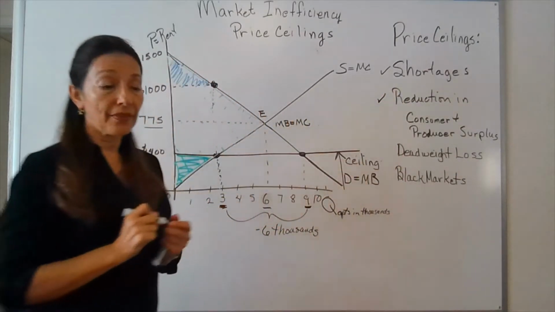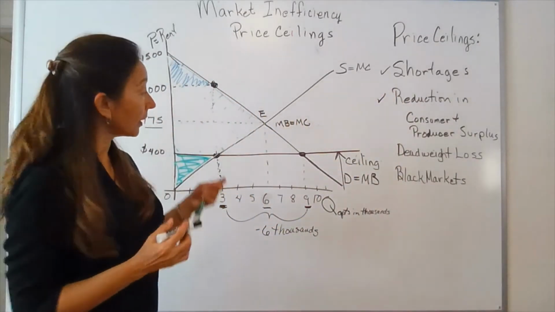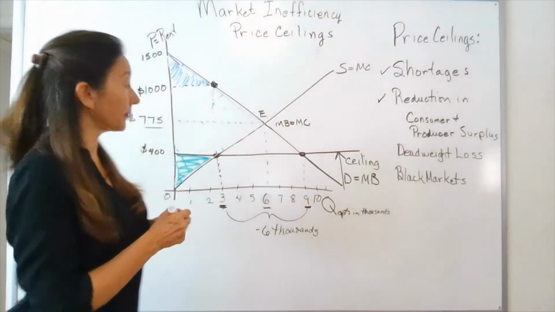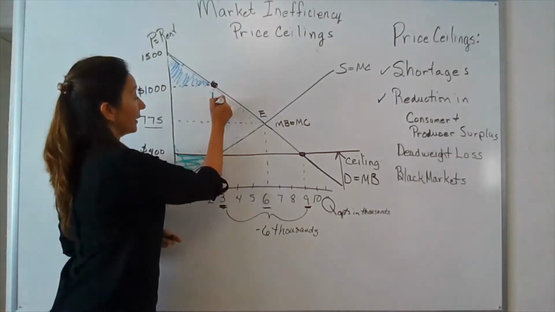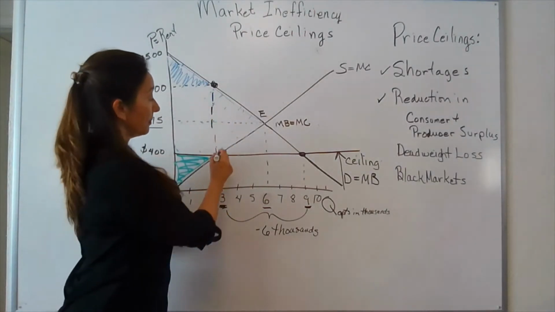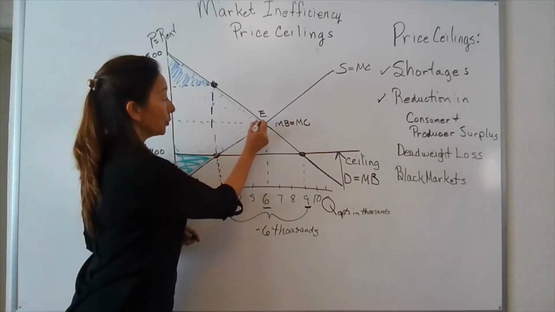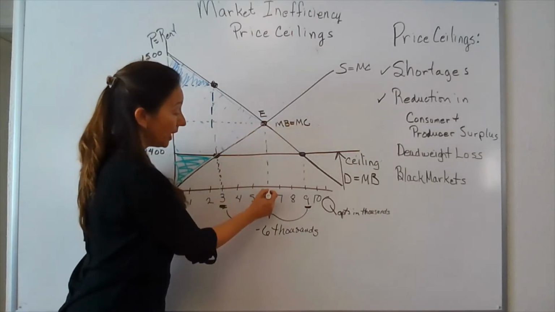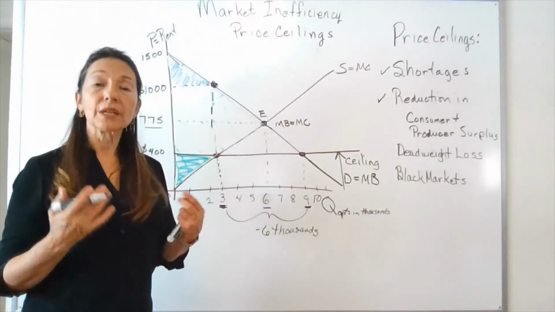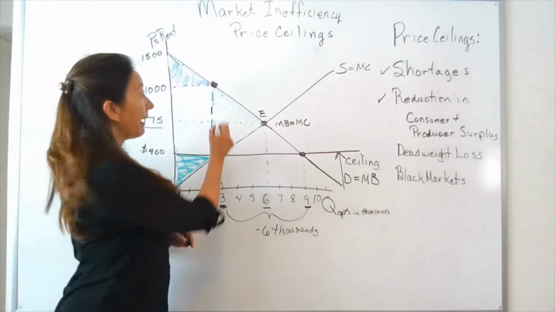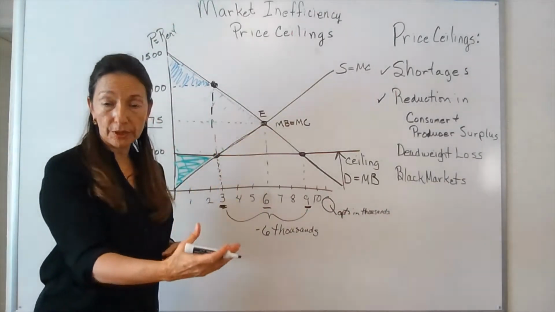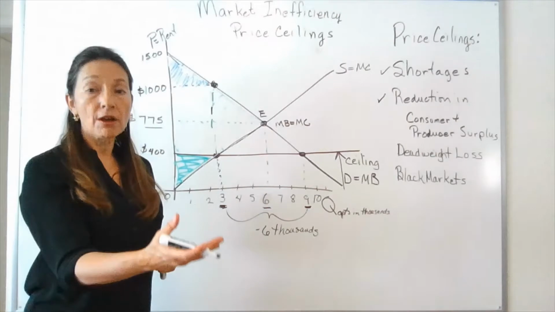The third thing that a price ceiling is going to cause is what we call a deadweight loss. The deadweight loss is going to occur because there are going to be people out there who, under an equilibrium price, could have rented an apartment, but no longer have access to an apartment because there aren't enough. And the suppliers who would have been willing to put more apartments into the market don't do that.